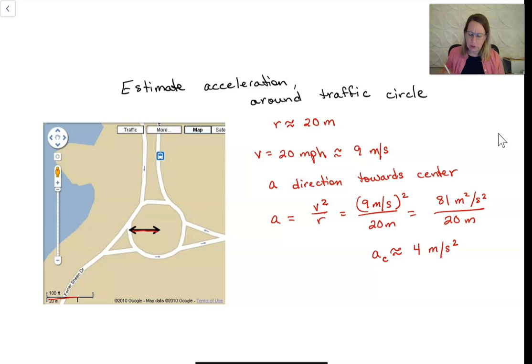The other thing you can do if you want to find this speed, notice you can do one other thing because it's a constant speed. You can also estimate the time it takes you to go around.